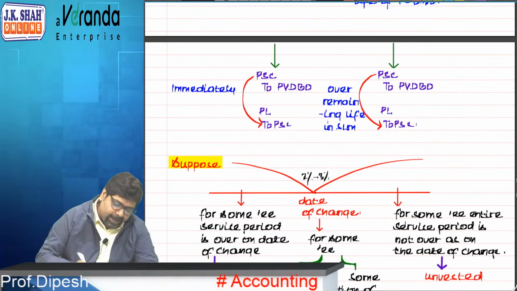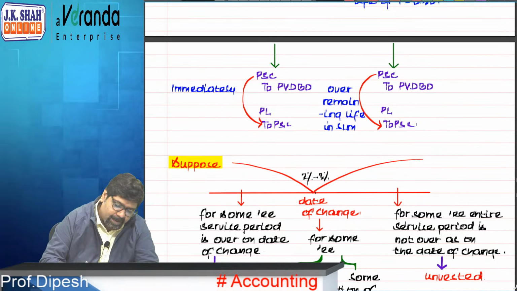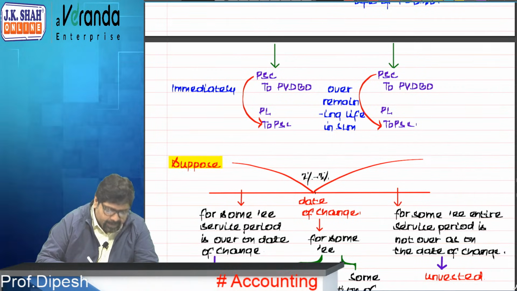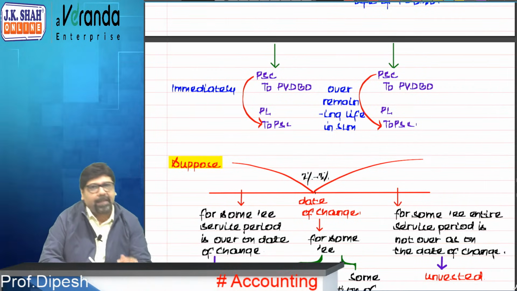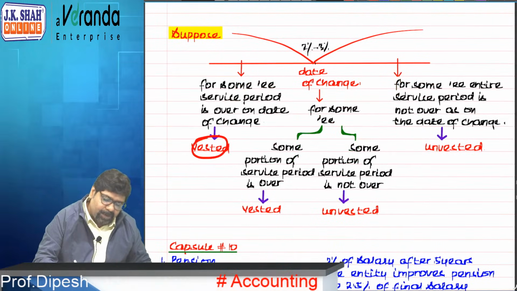So when you are increasing, it is past service cost because your liability is increasing, it's an expense, you debit it to PVDBO. If it is vested, you transfer it to PL. If it is unvested, this PSC, you transfer it to the balance sheet, and what is vested you will transfer to PL immediately.